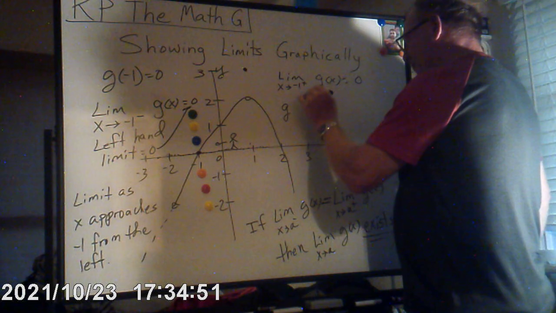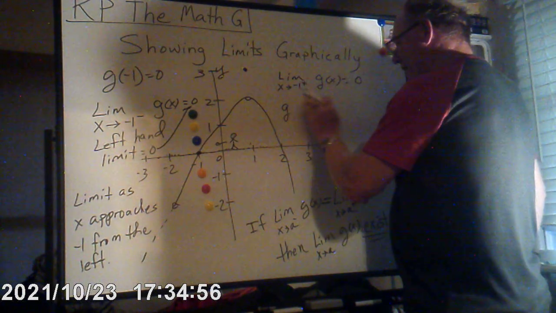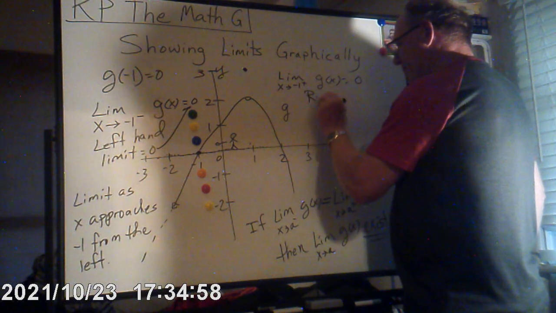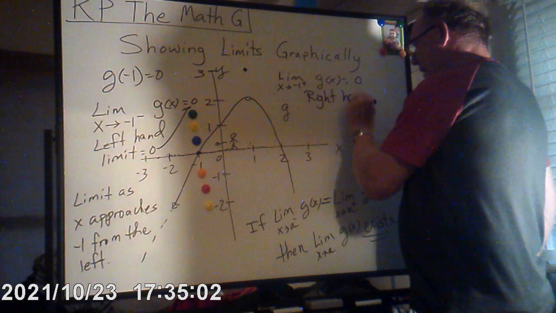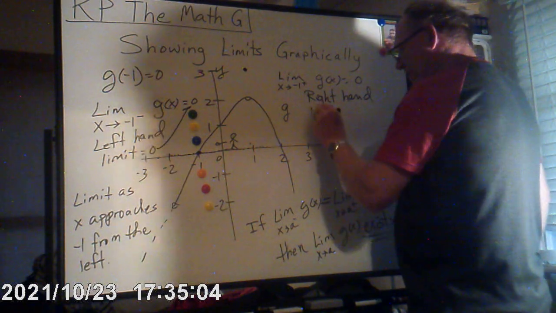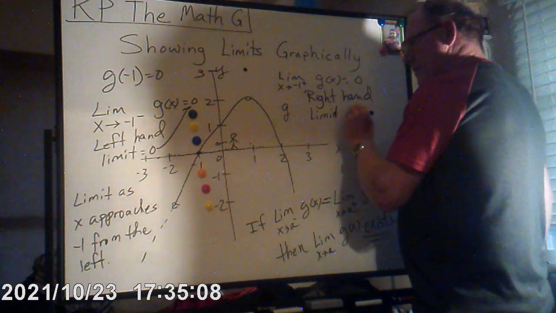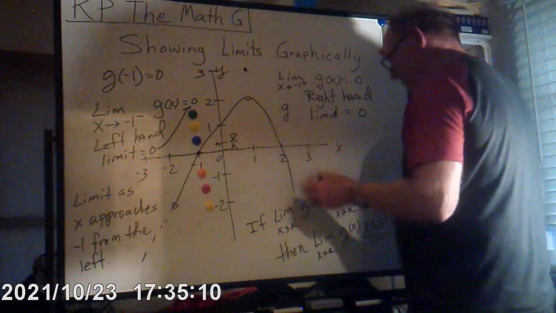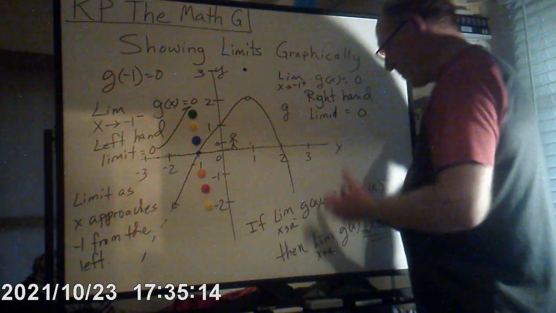So the limit from the right, let's say the right side limit, or the right hand limit, is also equal to 0, then the limit itself equals 0. That's how you do that.